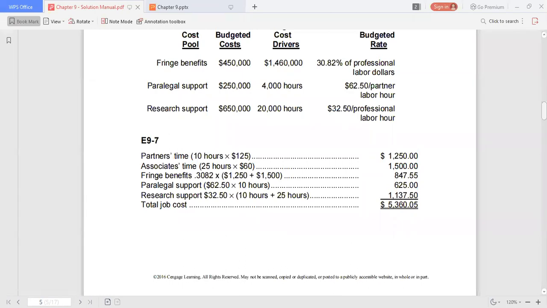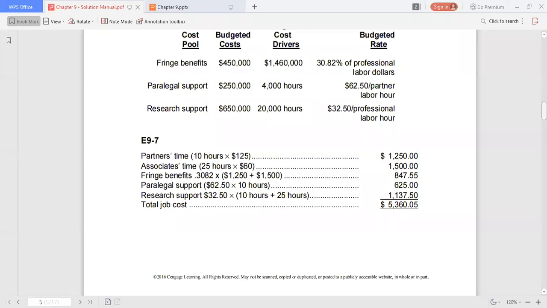So in E9-7, the partner's time is 10 hours multiplied by the rate of the partner, $125. So the associate's time is, we have now 25 hours for the associate multiplied by 60. For the fringe benefits, that's 0.3082, the 30.82% in number 6.